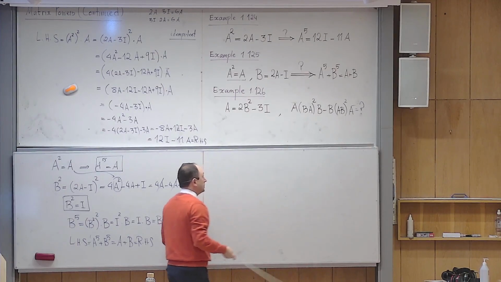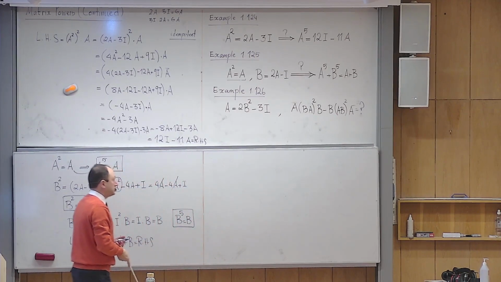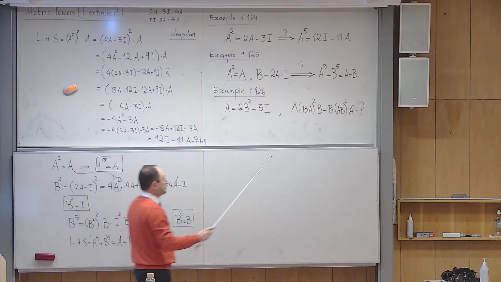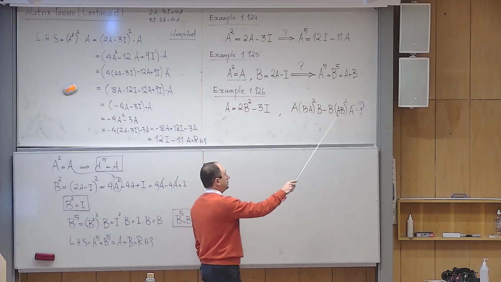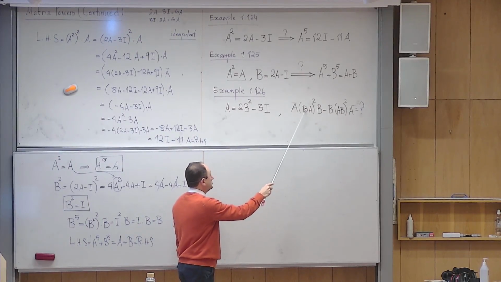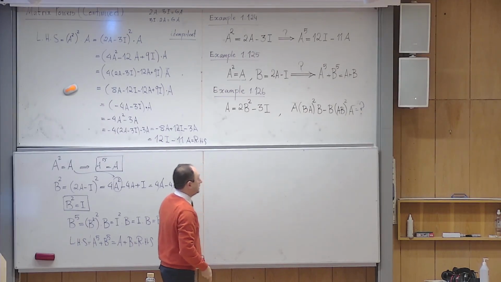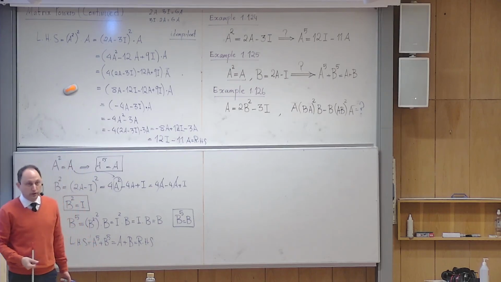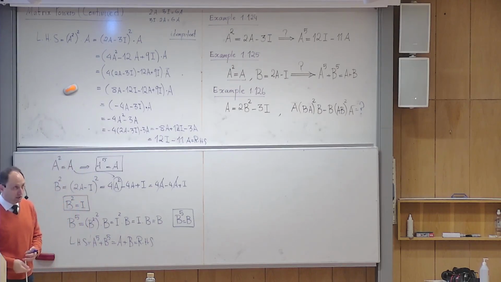But in numbers, you have commutativity, which plays a significant role here. For example, in numbers, there is no difference between BA and AB. But in matrix algebra, in general, there is no guarantee that BA is equal to AB unless you can prove it in this particular case.